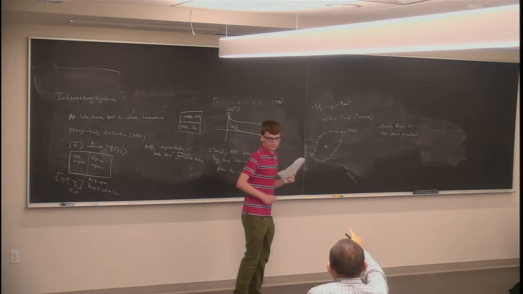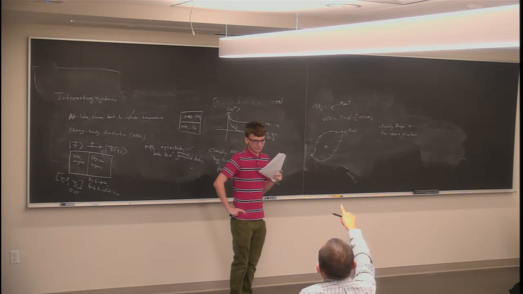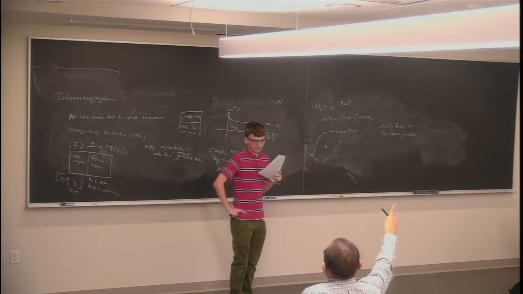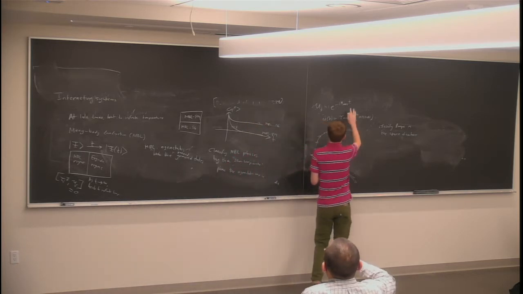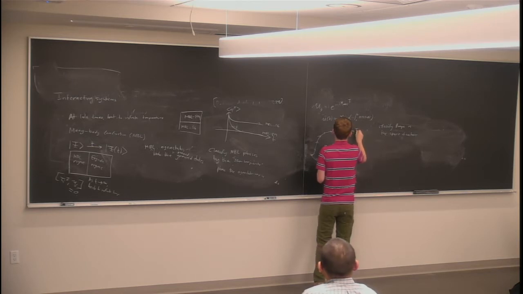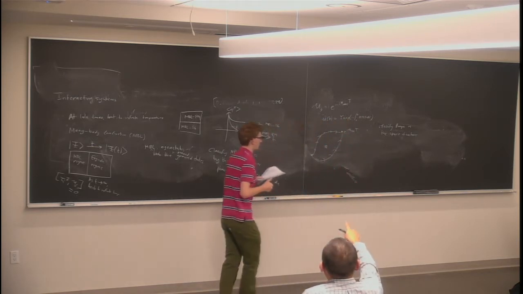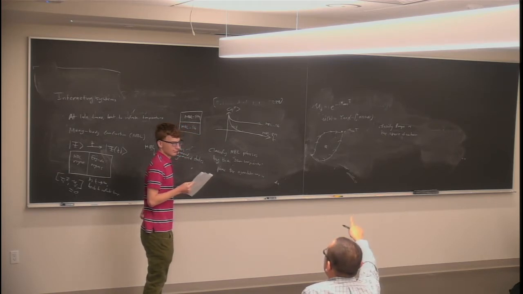Quick question. So I can always tune this e to the minus i H MBL times t. I can tune that t from 0 to period big T. So is that defined to be the trivial path?